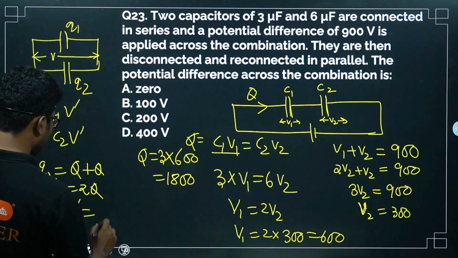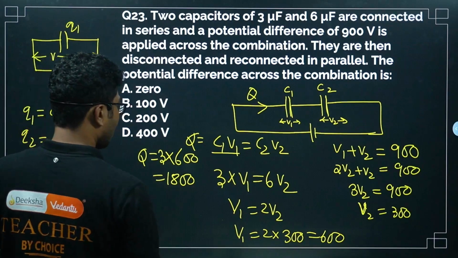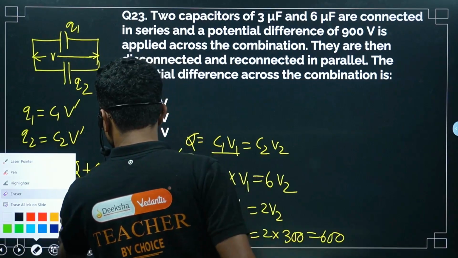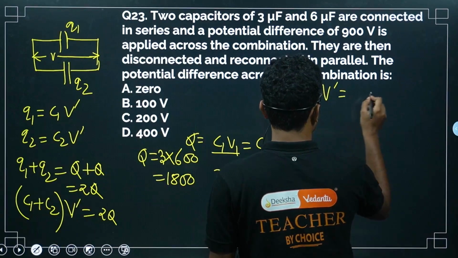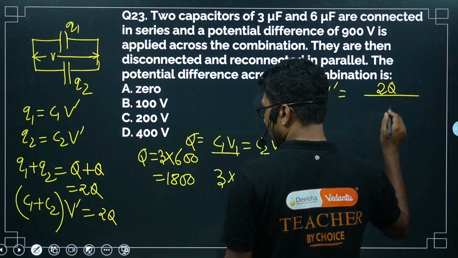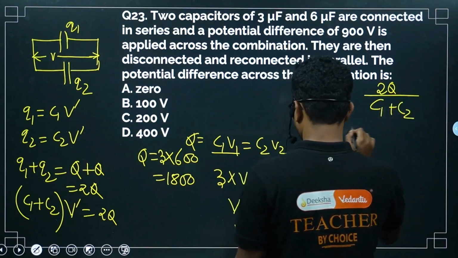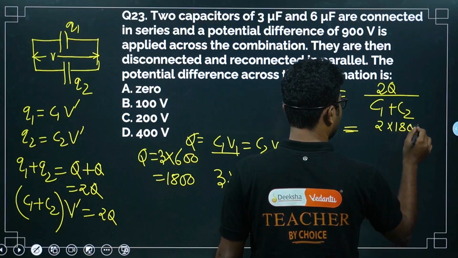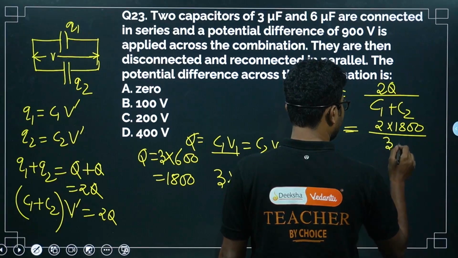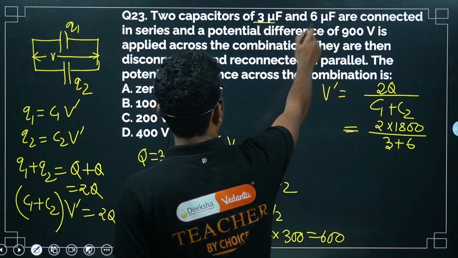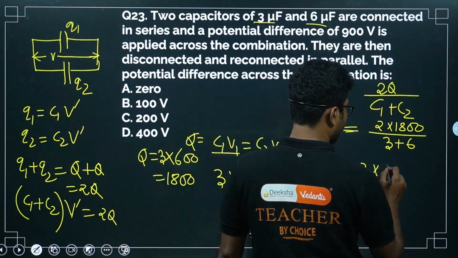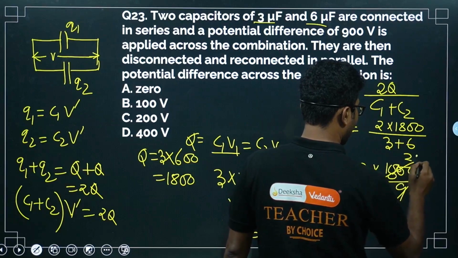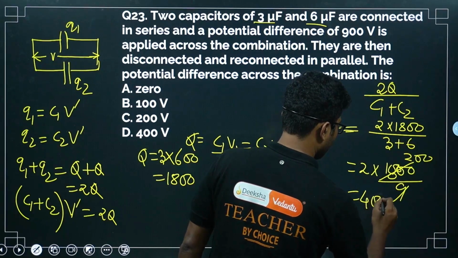So V dash equals 2Q divided by C1 plus C2, or 2 times 1800 divided by 3 plus 6, so 2 times 1800 divided by 9. So it is 400.